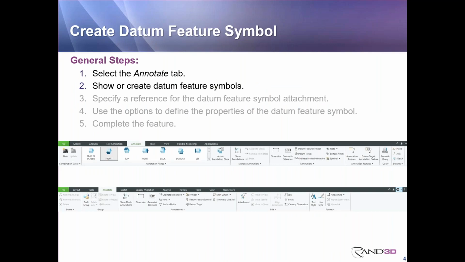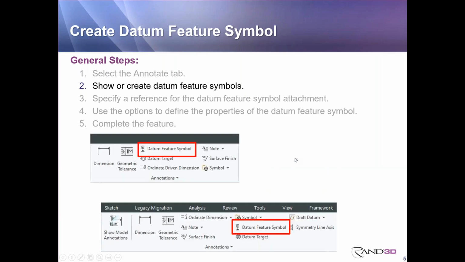If you're going to create a datum feature symbol, you can create it either in the model environment, where your part or your assembly is open. Go to the Annotate tab, come a little bit over to the right side of the ribbon, and you should see the annotations group. In that area, you should be able to locate the datum feature symbol tool.